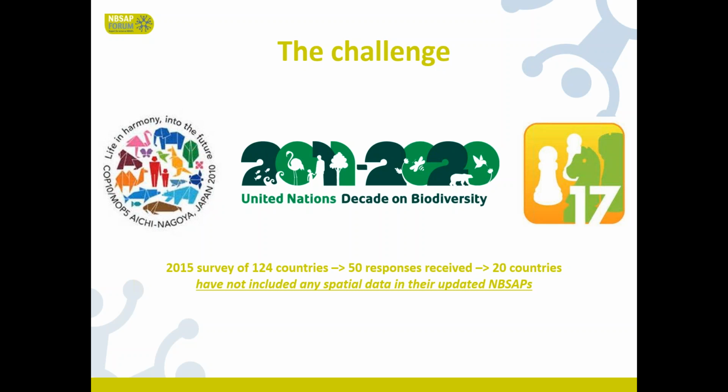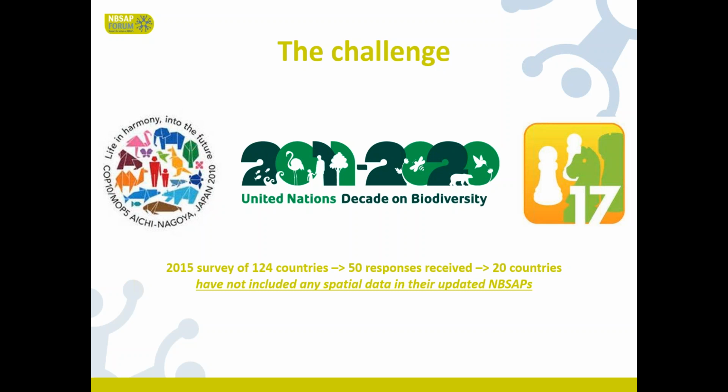In the same decision, parties were also urged to use these revised and updated NBSAPs as effective instruments for the integration of biodiversity targets into spatial planning processes by governments and the private sector at all levels.